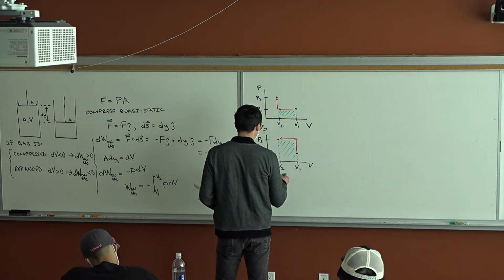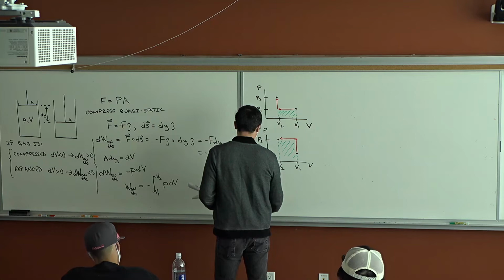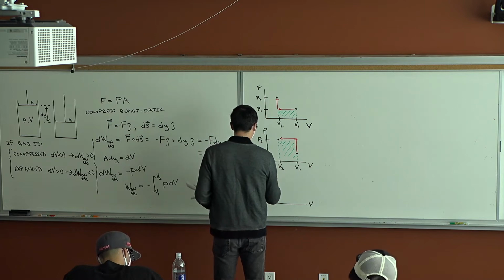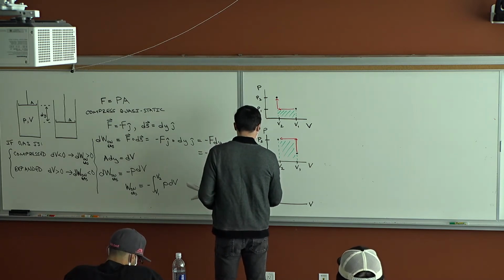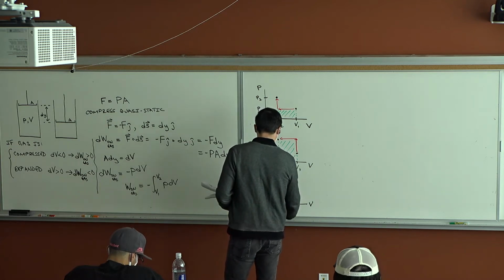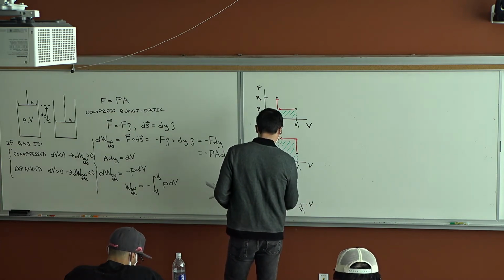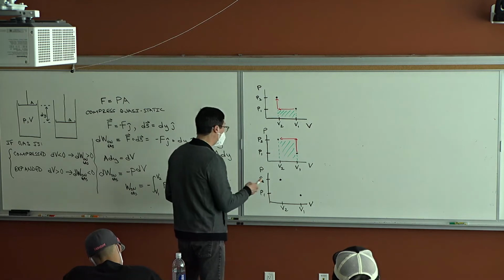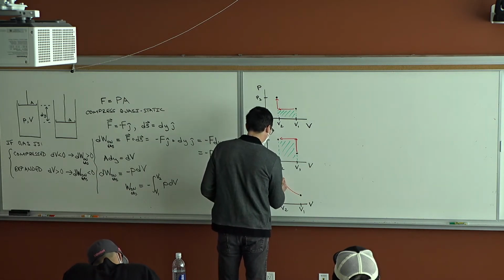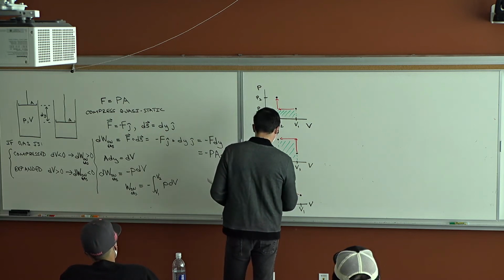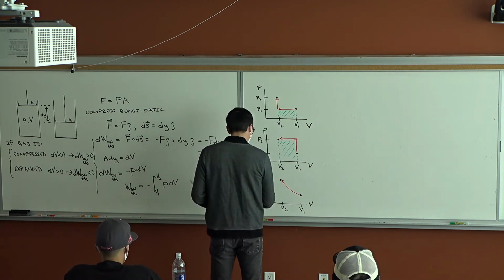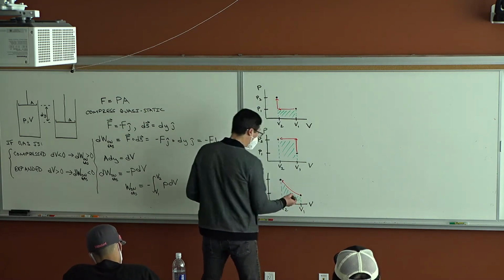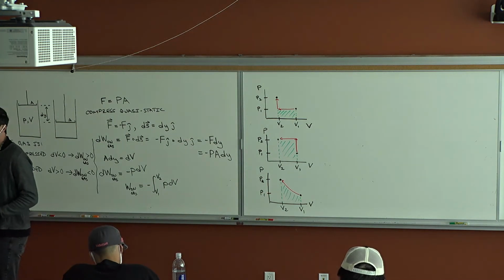Our transfer variables are definitely path dependent, at least on our PV diagrams. Yay enough? Okay.